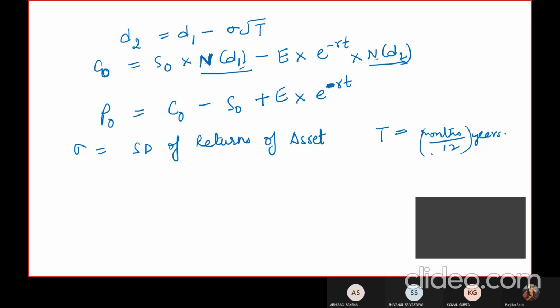इसके बाद हम डिस्कस करेंगे, we have some option Greeks. We have a term option Greeks. Option Greeks means sensitivities.